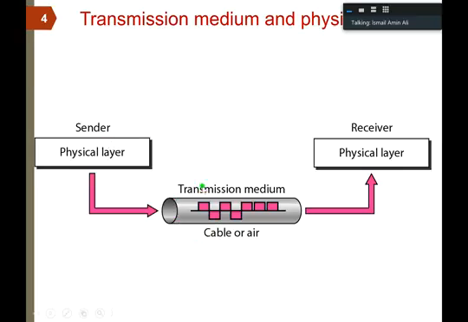The physical layer will be dealing with bits, as we studied before, and transmission media.